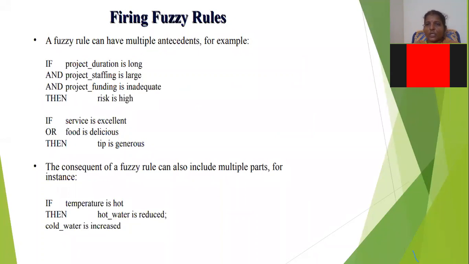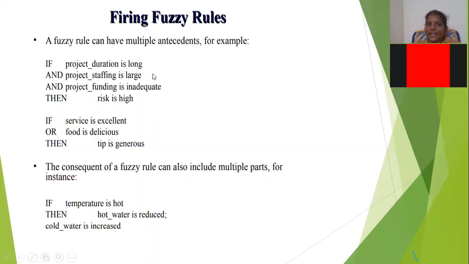So the fuzzy rule can have multiple antecedents. For example, if you are considering a project: if the project duration is long and project staff is large and project funding is inadequate, then risk is high.